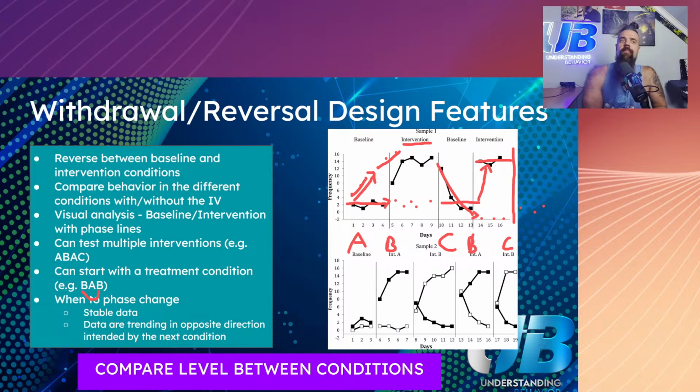Those are the main features of our withdrawal reversal design. One more thing I want to point out is that in our bottom graph, we actually have two independent variables. B here would be our IV1, and C here would be our IV2. But we also have two dependent variables.